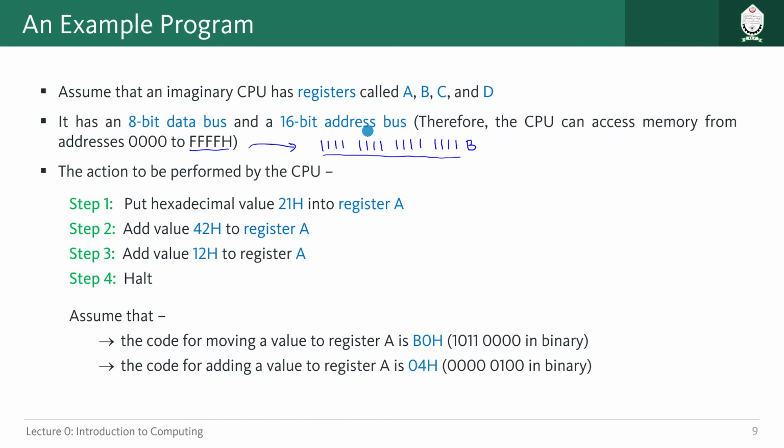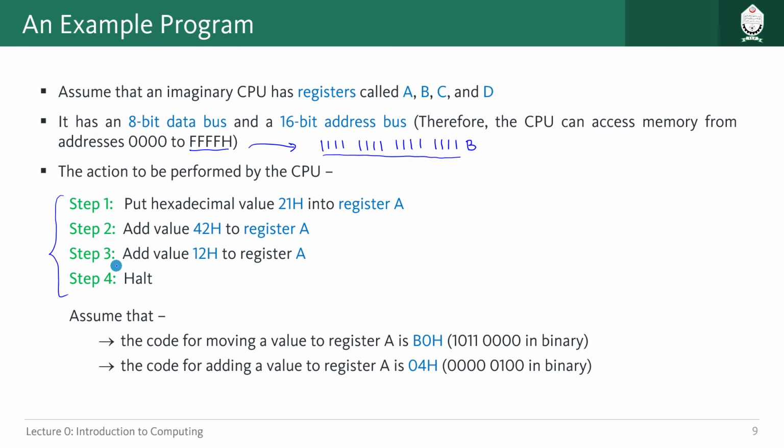And the action that we want to be performed is this one. Okay, so step 1, we want to put a hexadecimal value which is 21H into register A. Then step 2, with the value we already have in register A, we want to add value 42H.